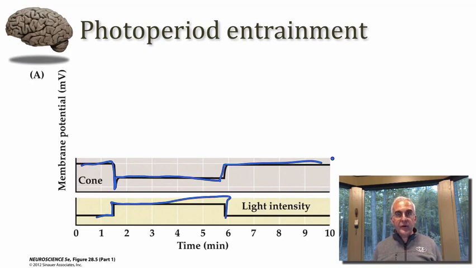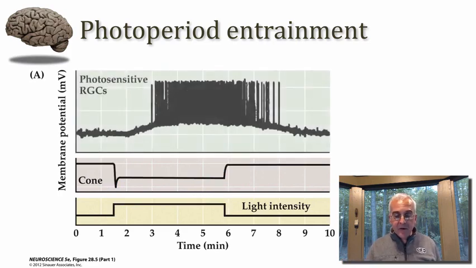Remember, there's a dark current where these cells are somewhat depolarized relative to all other neurons. When they are present in the dark and when light strikes the photopigment, a transduction cascade unfolds, and the result is hyperpolarization.